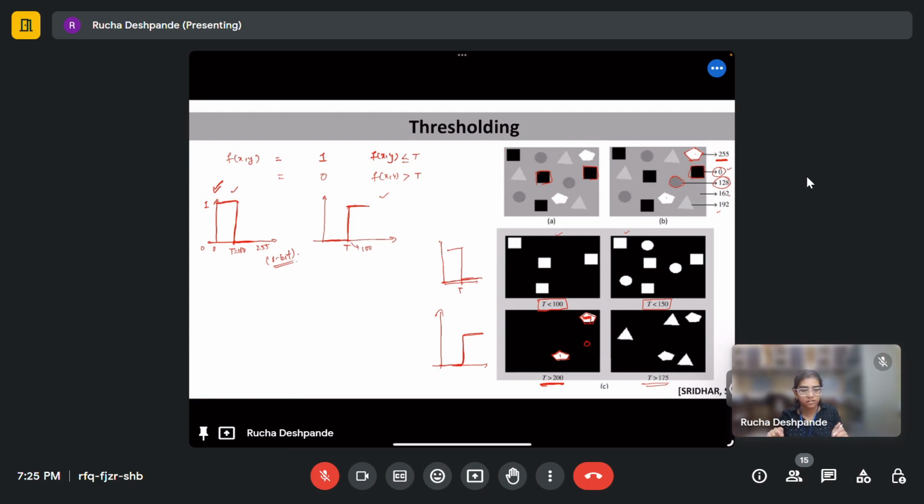Okay. In the first case, the values which are within that range will appear brighter. In the third one, it is given T greater than 200. In that case, only the values which are above that range will appear brighter, right? Right.